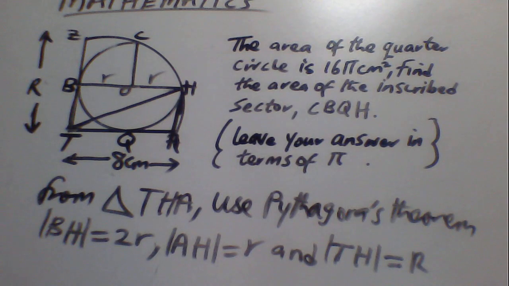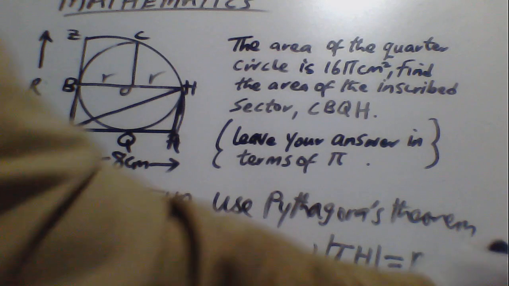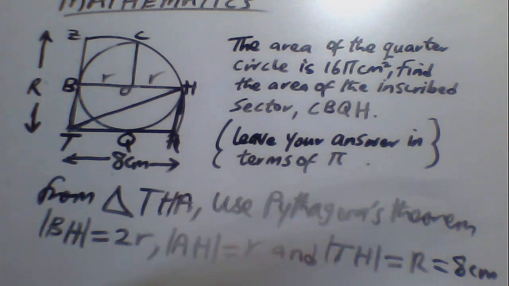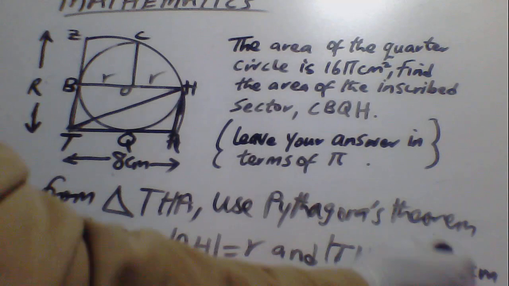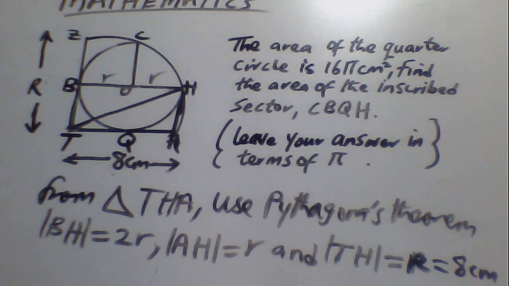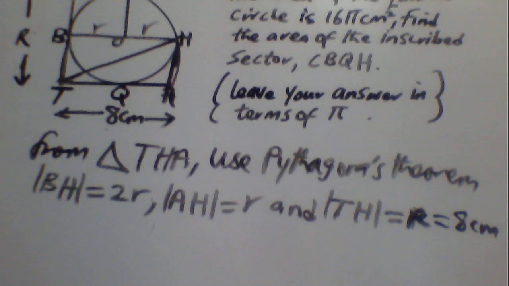So once we have gotten these values, we can now apply Pythagorean theorem to find the value of small r. We know that this big R is equal to 8 cm. So let's use Pythagoras to solve for small r.